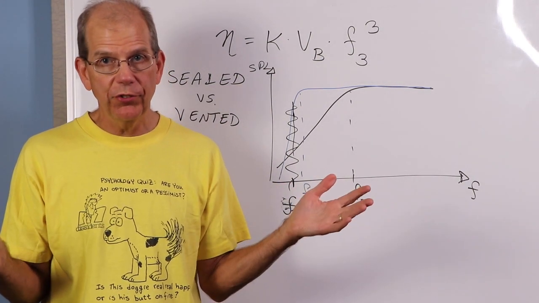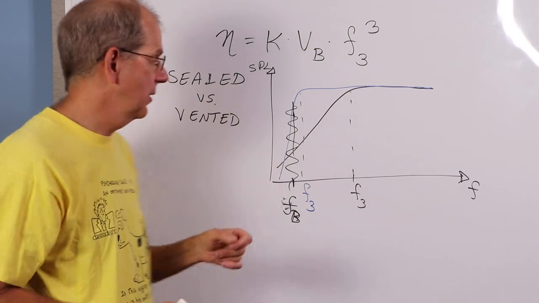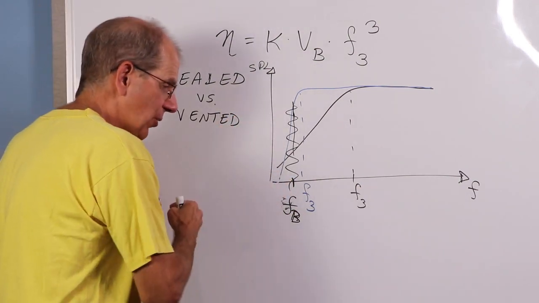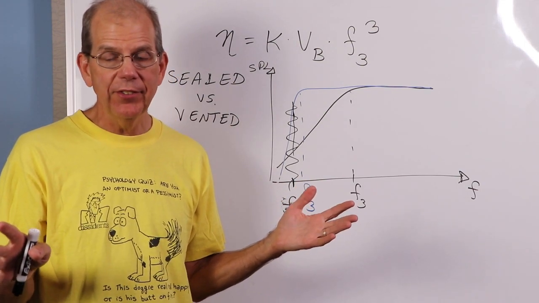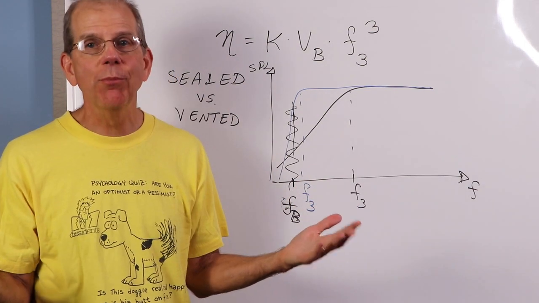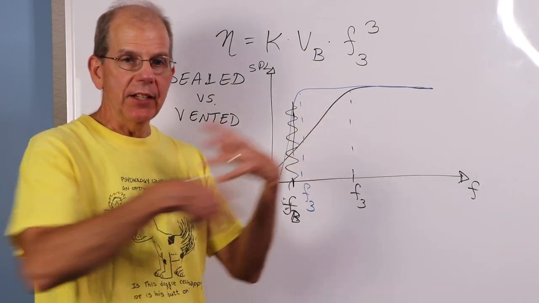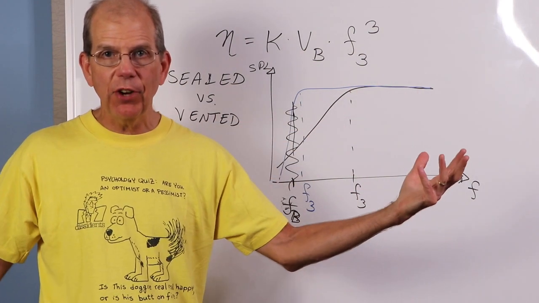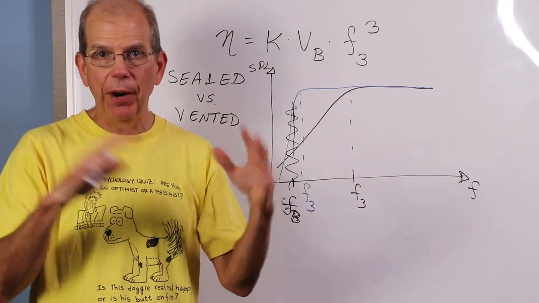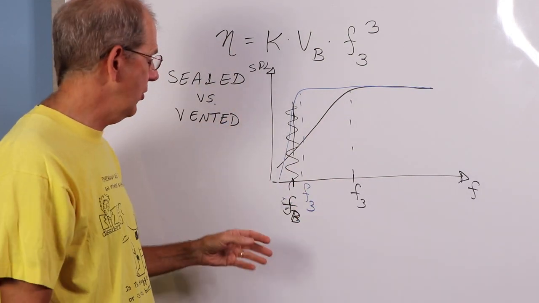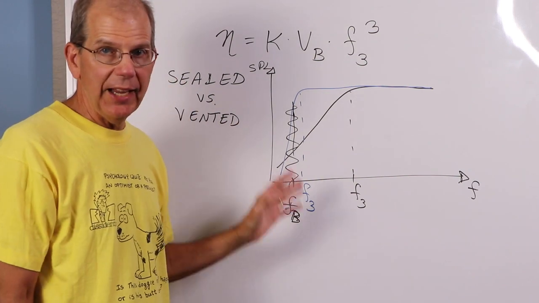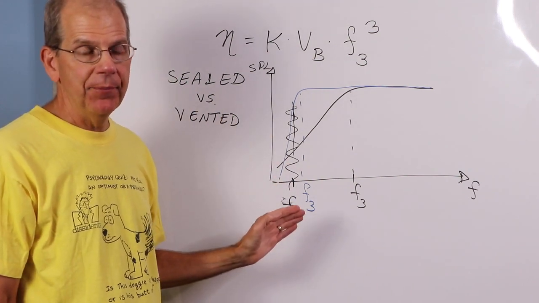That's good because it lowers distortion. But if we go much below that, the cone becomes unloaded, and the end result is we get tons more distortion. Matter of fact, the cone can wind up hitting the magnetic structure. It can hit the other parts of the physical structure of the frame and so forth. So that's really, really bad. I wouldn't want that to happen.